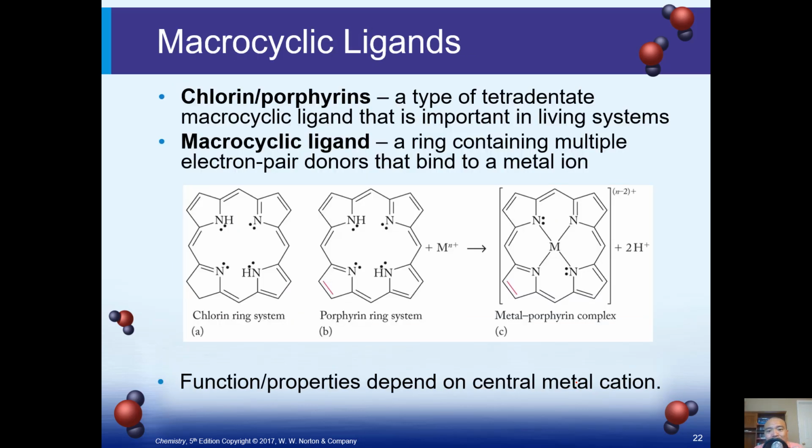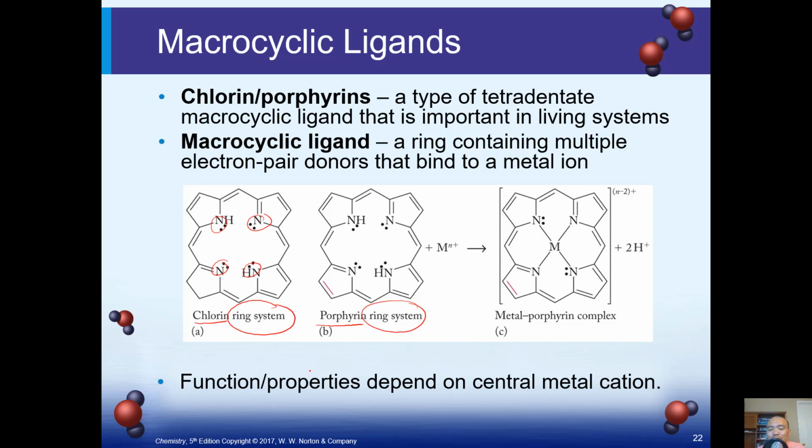In this slide, we have several polydentate ligands that are important in biological systems, and these are tetradentate ligand systems, because we see 4 different donors in each of them. The first one is called a chlorin, and the second one is called a porphyrin, and they are all in the ring system.